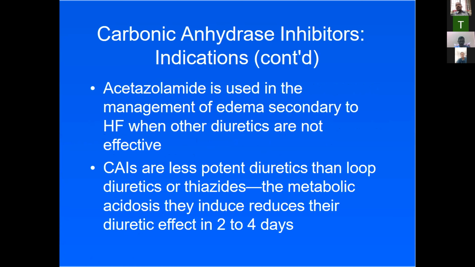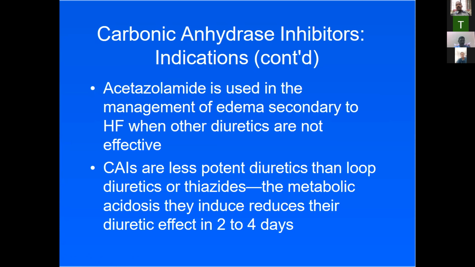So acetazolamide is mainly used in the management of edema secondary to heart failure. In heart failure, the edema is accumulated in the cardiac muscles, and when other diuretics are not effective, carbonic anhydrase inhibitors play a major role.